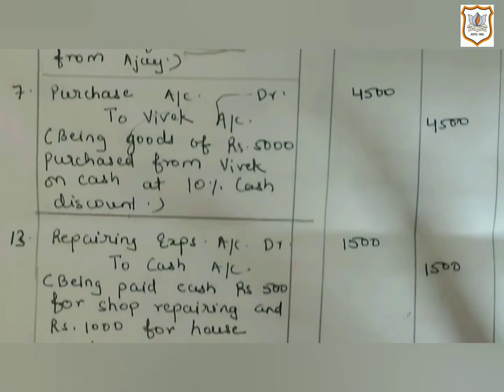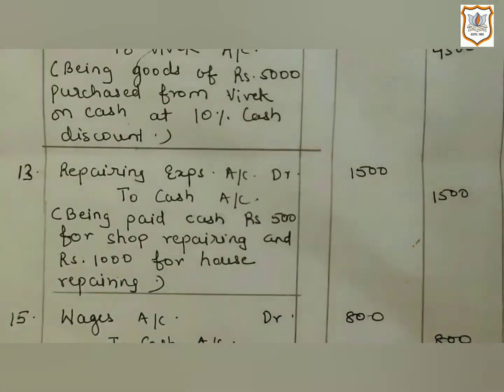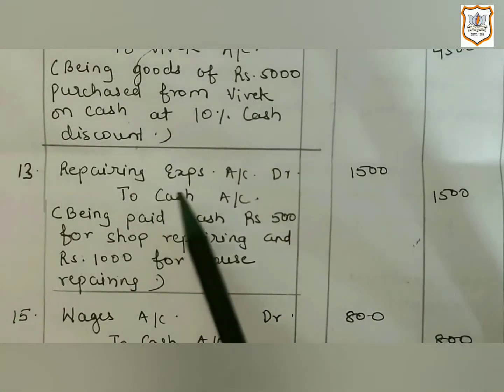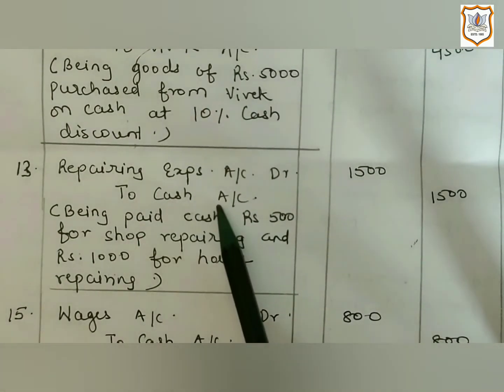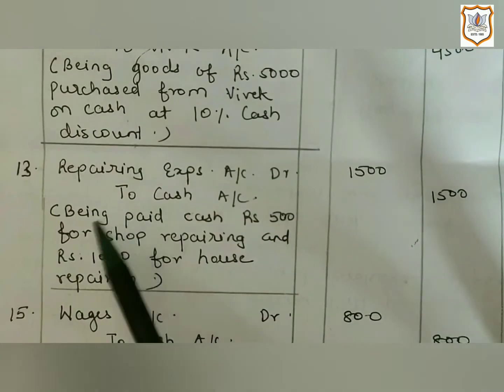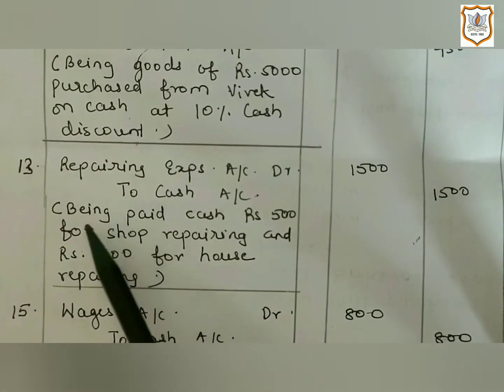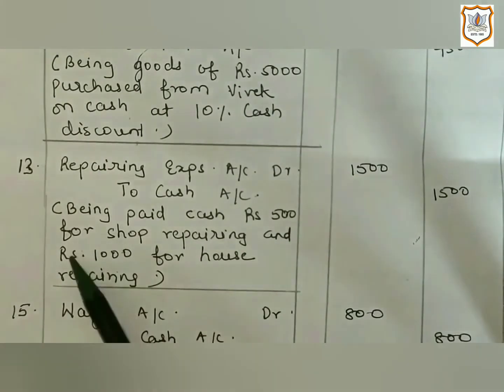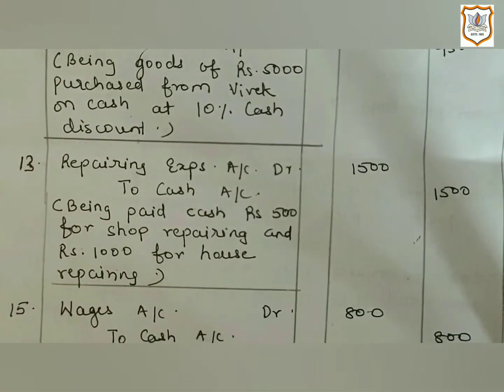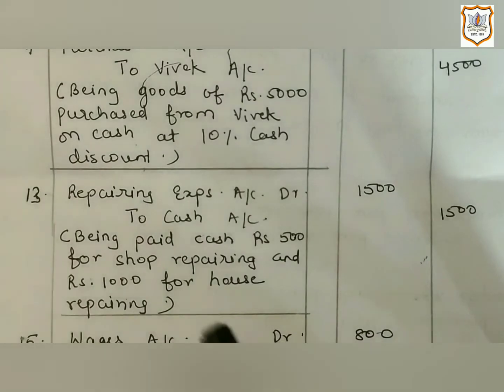That is transaction dated 13. Repairing expense account debit to cash account 1500. And narration is given. Being paid cash rupees 500 for shop repairing and rupees 1000 for house repairing. So let us find out the mistake here with the help of narration.